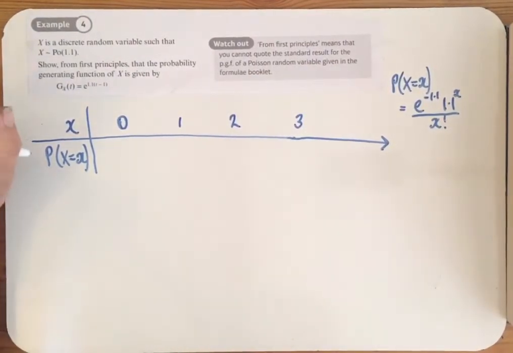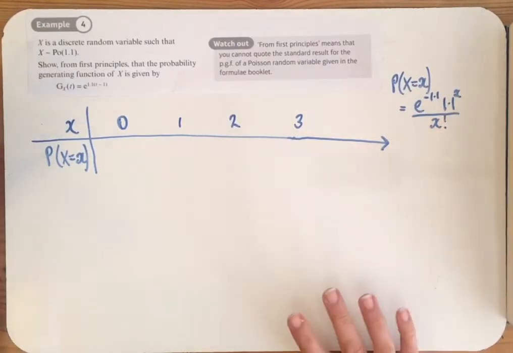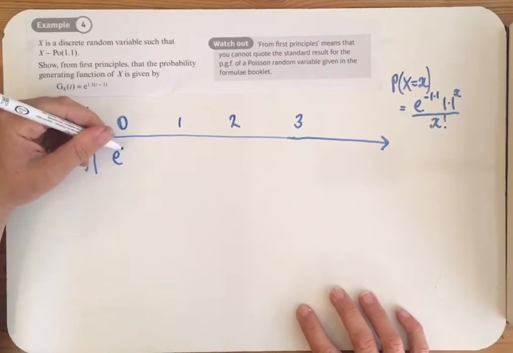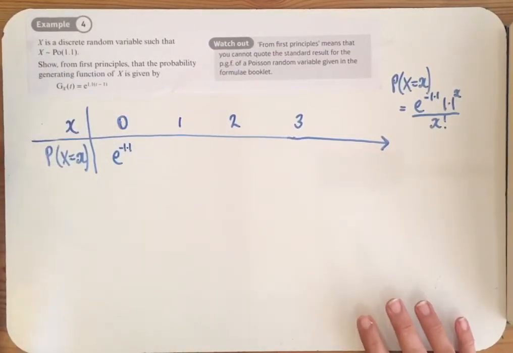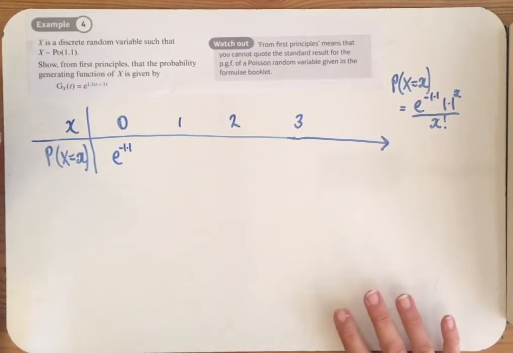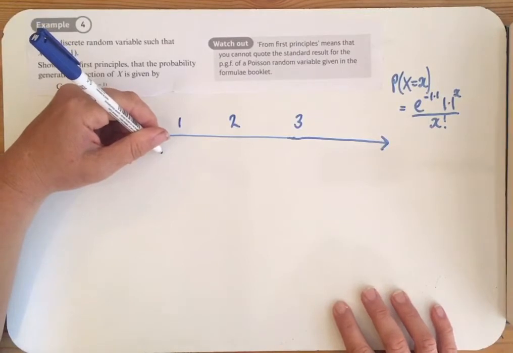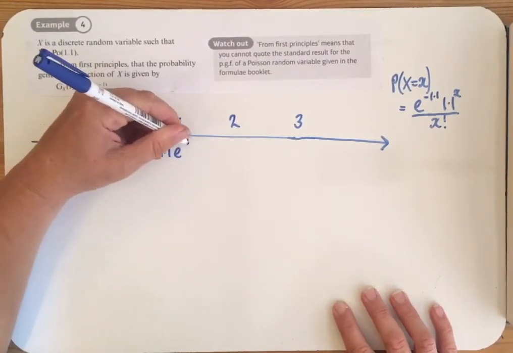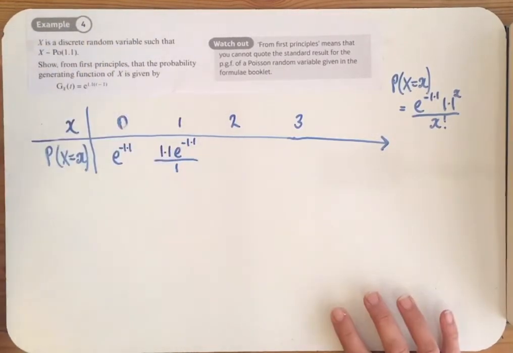So the probability X equals 0: 1.1 to the 0 and 0 factorial both equal 1. So that will give you e to the negative 1.1. The probability that X is equal to 1, I'm going to pop the 1.1 in front of the e, so it'd be 1.1 e to the negative 1.1 all over 1 factorial, which is just 1.